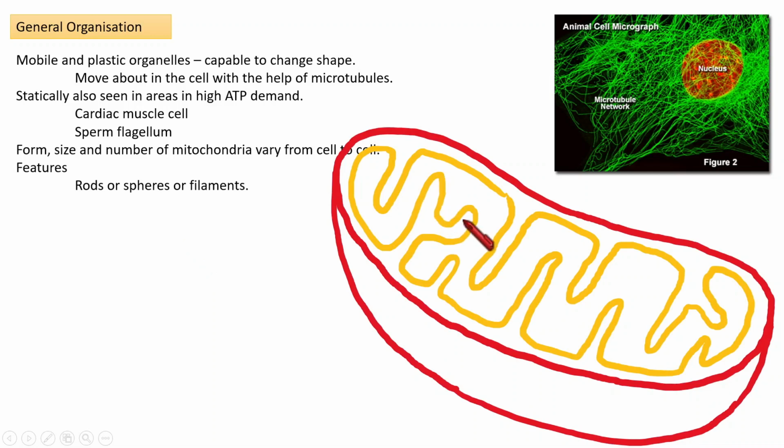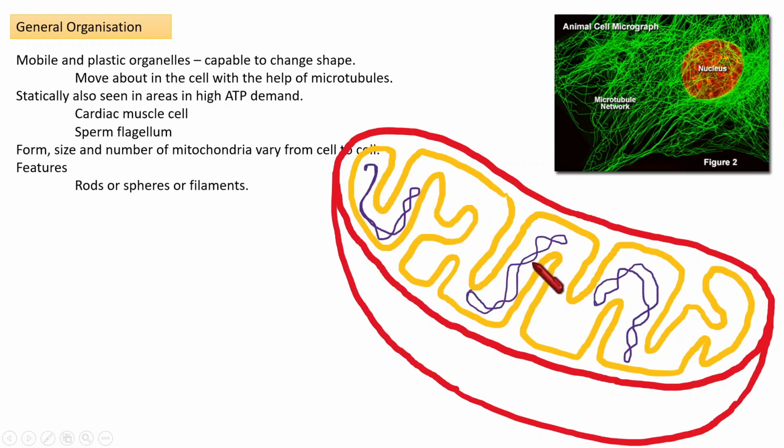Inside, the mitochondria possesses its own genome. In the last video, I told you that mitochondria actually come from some prokaryotic cell having their own genome. That is why, while being inside our cells, it still possesses its own DNA. Then I have some ribosomes.